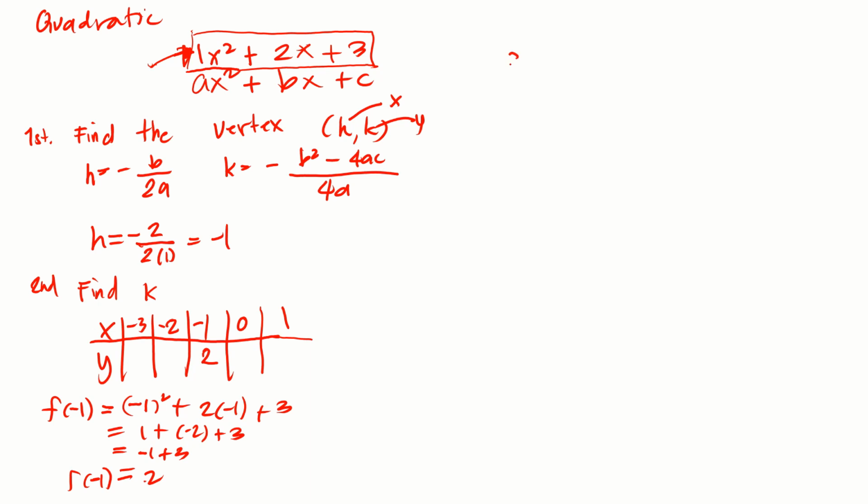So f of -3 is equal to x squared plus 2x plus 3. So f of -3 is equal to -3 squared plus 2 times -3 plus 3.